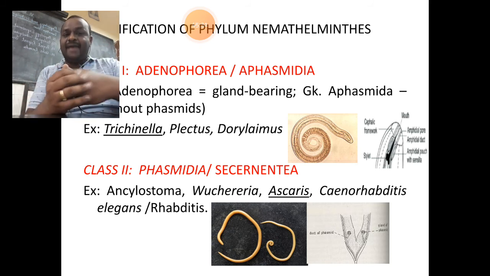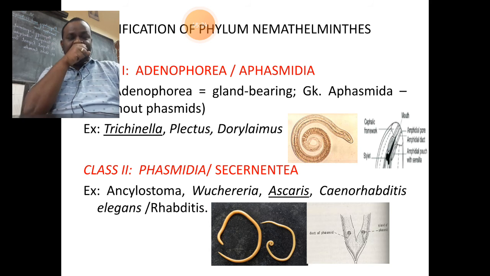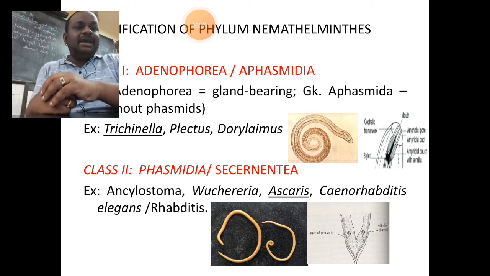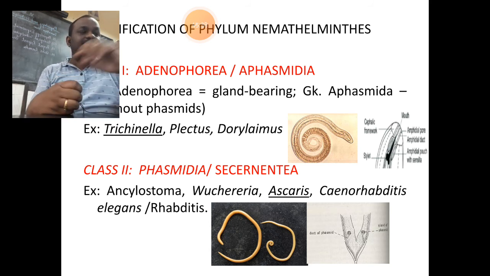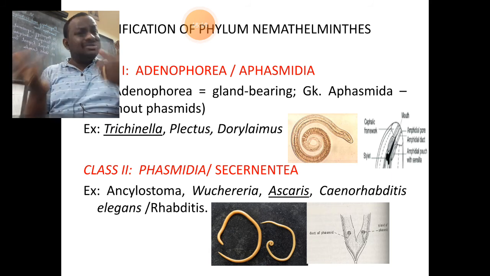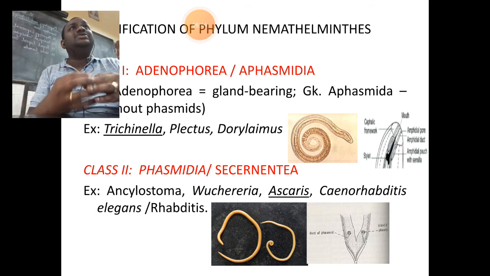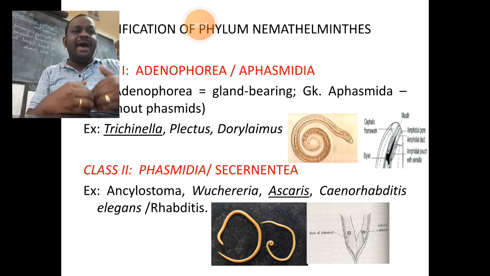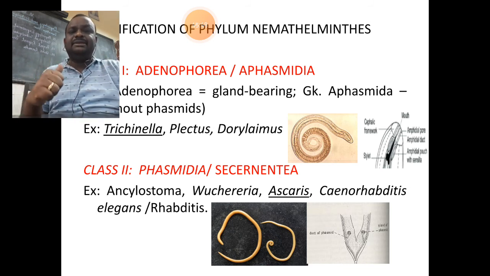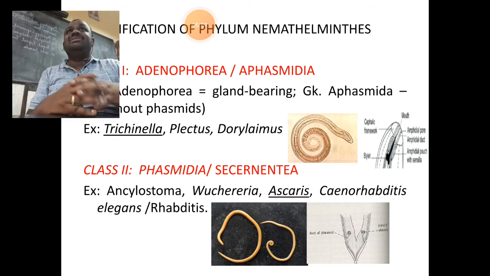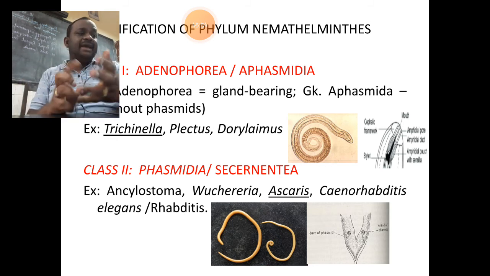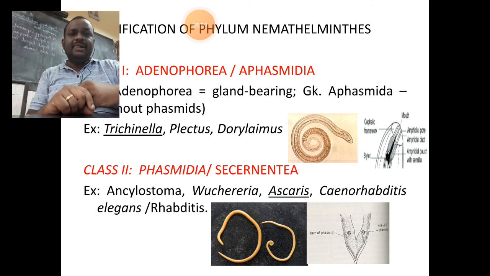It includes organisms like Ancylostoma, commonly called hookworm, seen in the intestine of hosts like man, dogs, cats, etc., causing intestinal problems like diarrhea, malnutrition, etc.